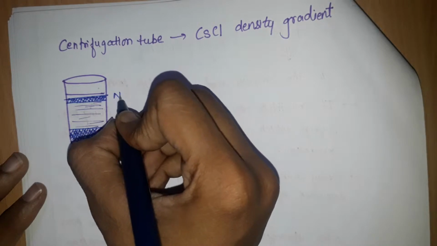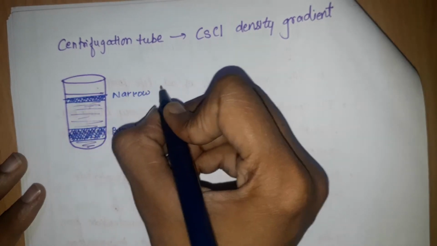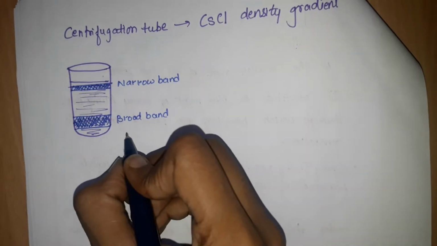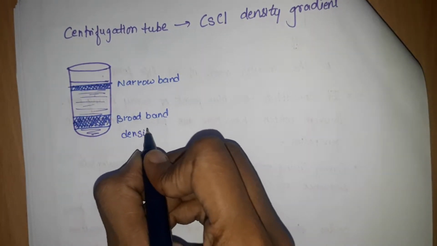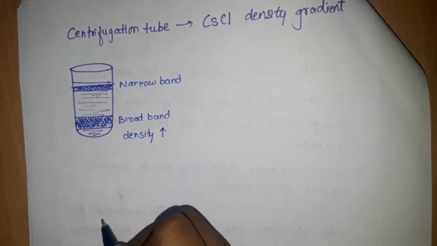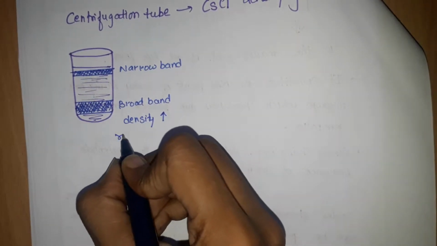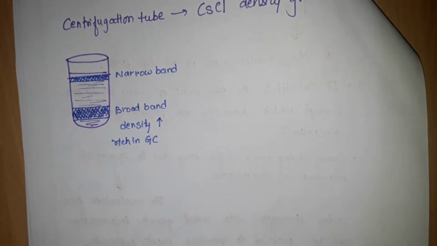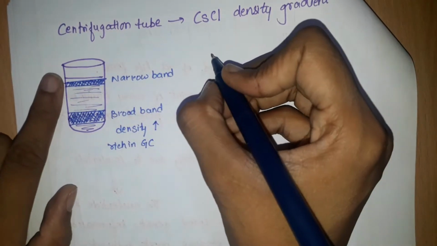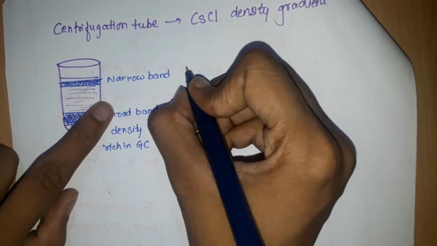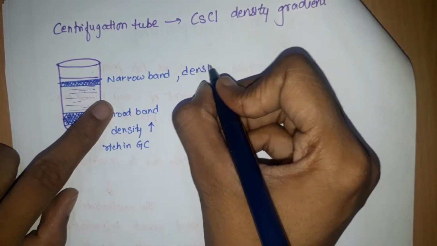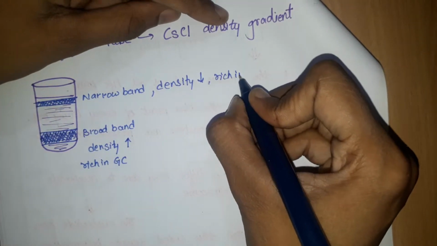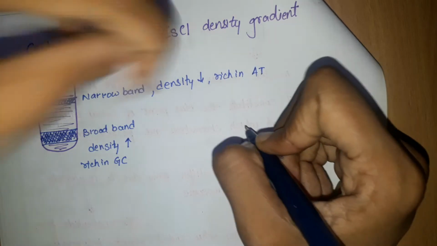This one is the narrow band. In the broad band, density is increased and it is rich in GC. In the narrow band, density is decreased and it is rich in AT.